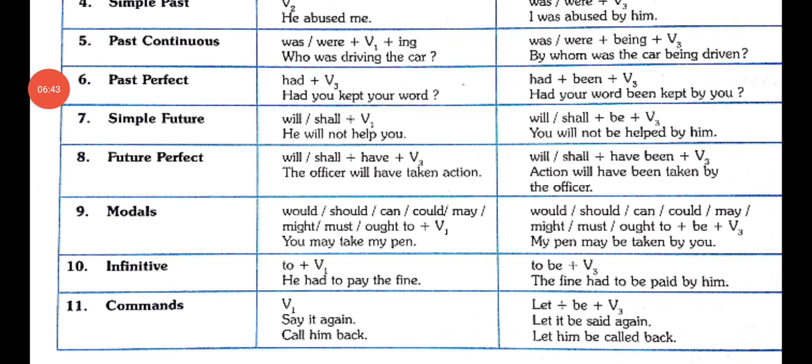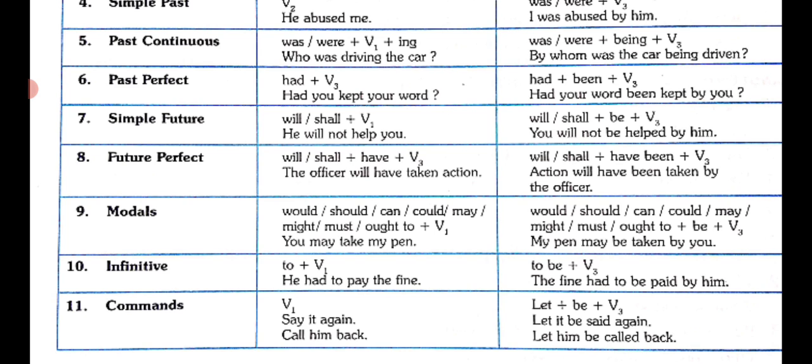Past continuous, same thing here. Was, were plus first form plus ing changes into was, were plus being plus third form. He was reading a novel. A novel was being read by him.